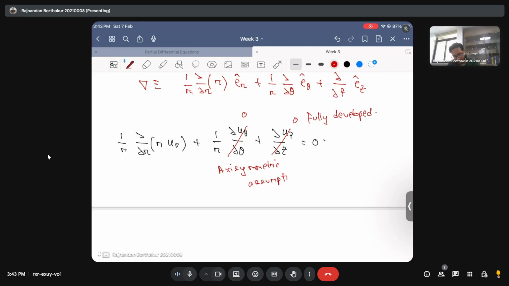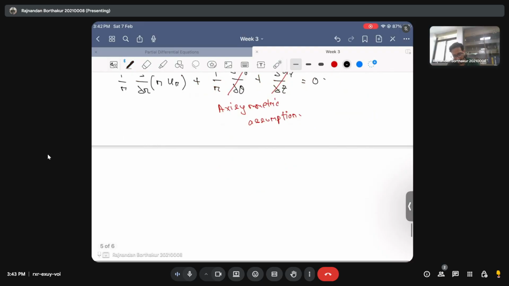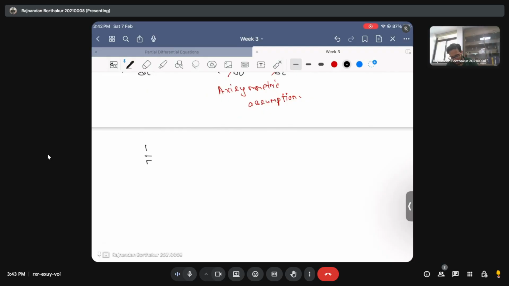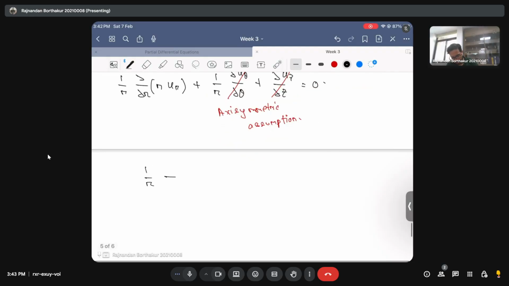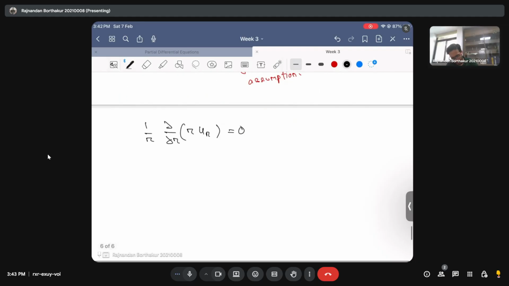Which, as I said, means that none of your variables are going to be a function of theta, which then simplifies the continuity equation as 1 upon r del r of r times u_r equals 0.